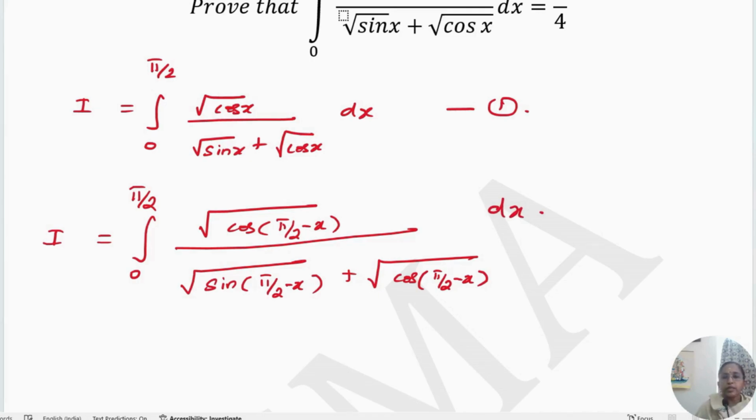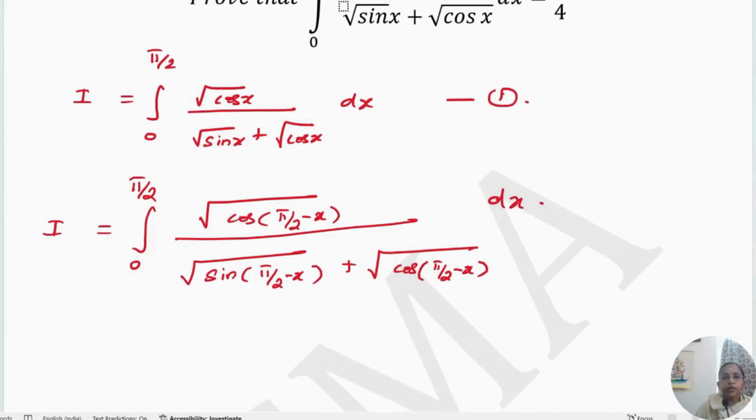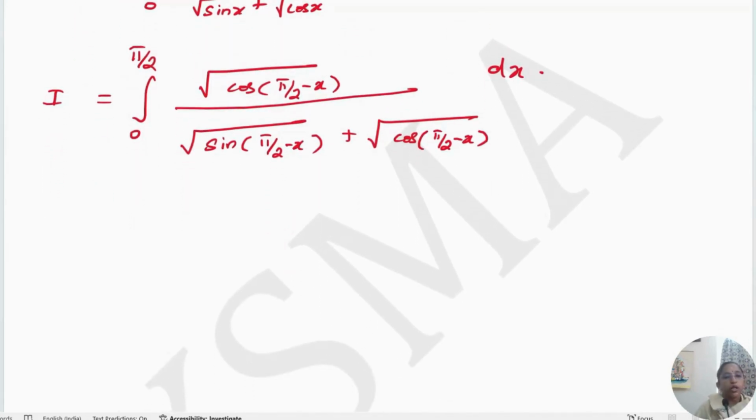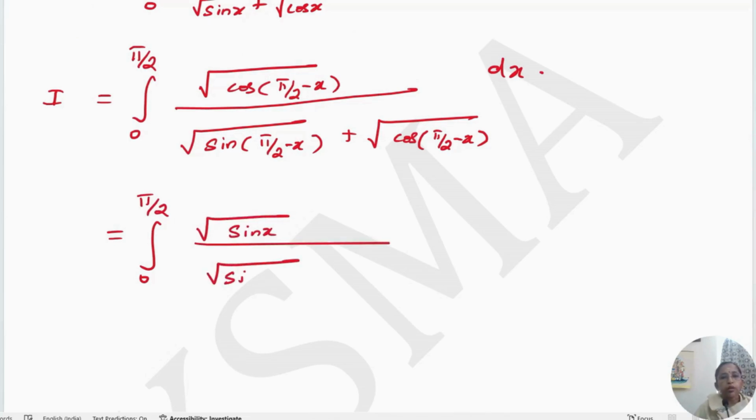Now cos of 90 minus theta is sin theta and sine of 90 minus theta is cos theta, so use the complementary angle formula. So now this is root of sin x divided by (root of cos x plus root of sin x) dx. So this is our equation number 2.